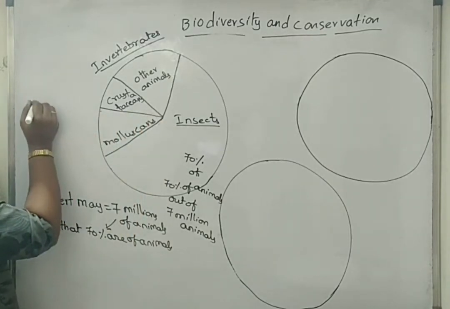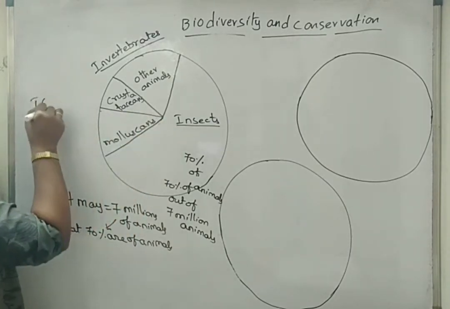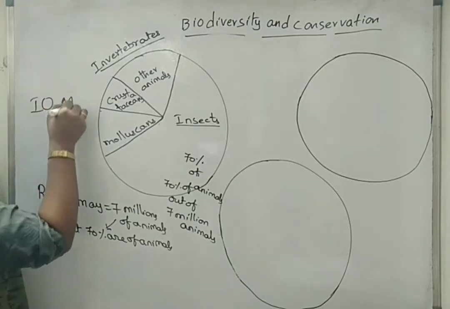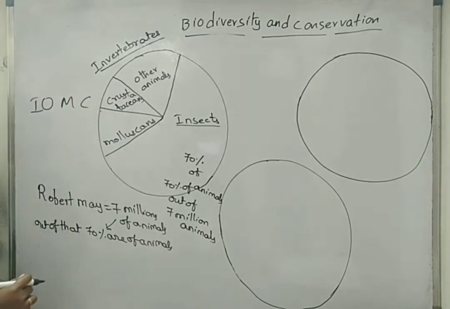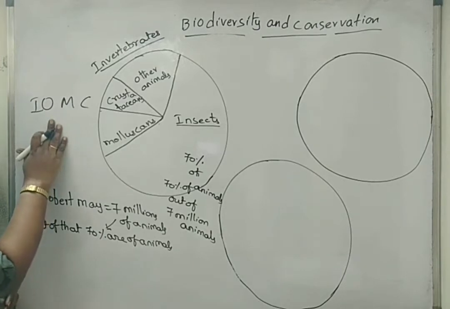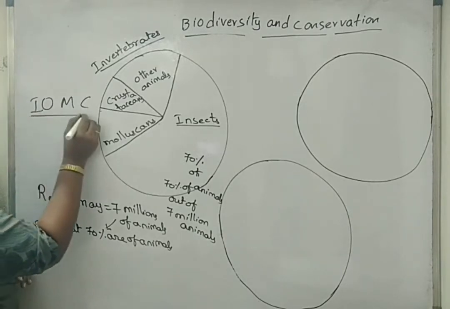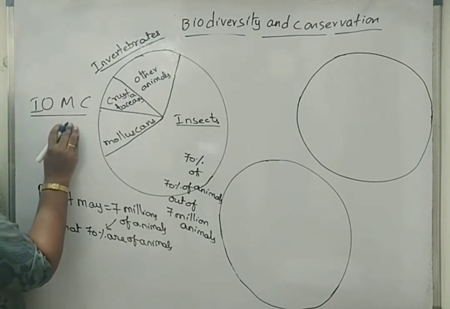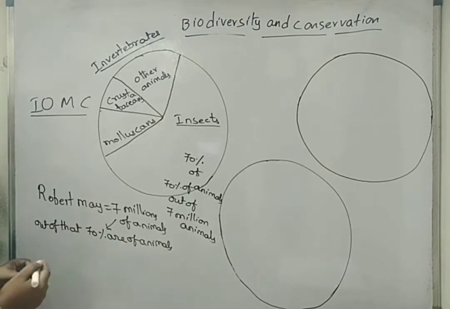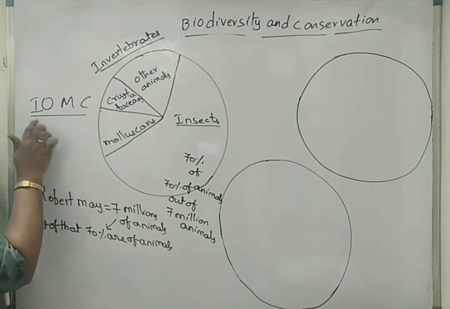Here we can give one sequence: insects, other animals, molluscans and crustaceans. You can frame your own mnemonics for this. If you remember the letter sequence, it is easy, because all over your syllabus you are framing many mnemonics. Just remember IOMC.